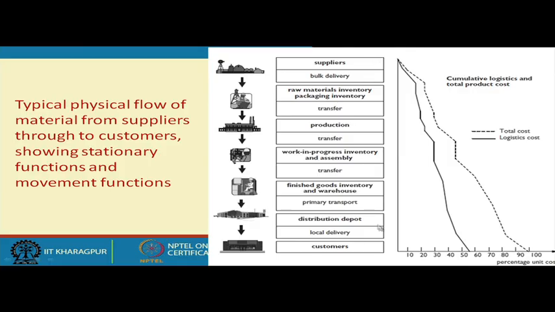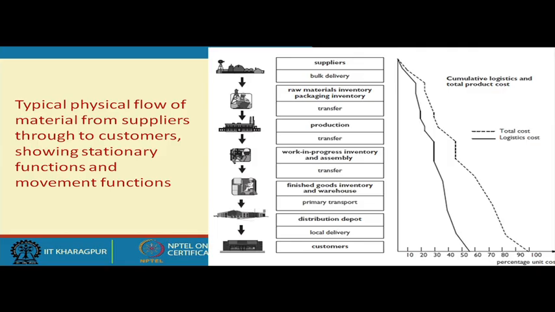If you look at this diagram, forget about the exact steps that happen here, but the point that we can see is, by the time the item reaches the end customer, the logistics cost is almost more than half of the total cost.